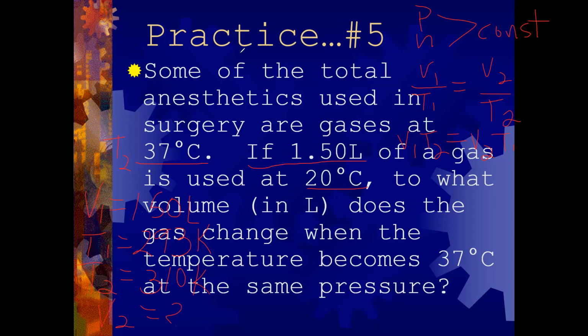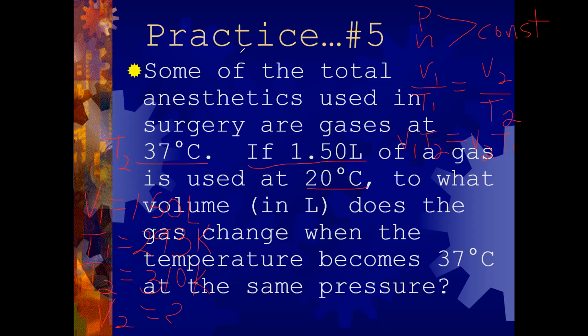Okay, so here we go. We need to substitute over here. So V1 is 1.5, and we're going to multiply it times T2, which is 310, and then we're going to divide it by T1, which is 293.